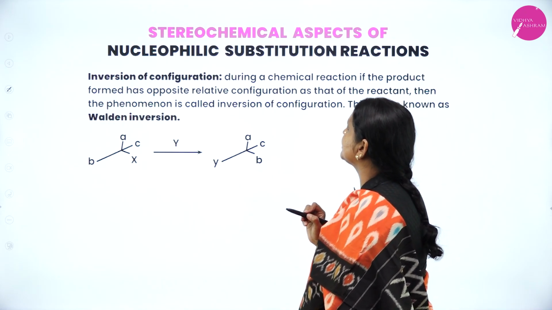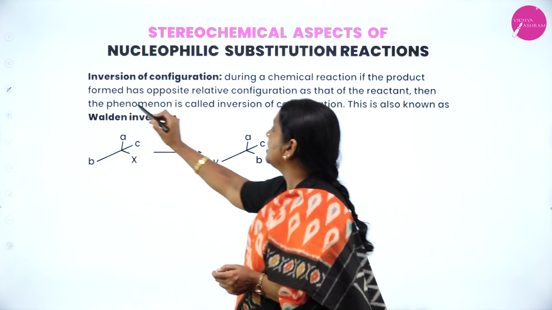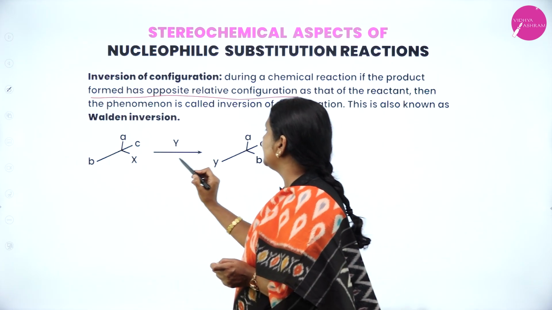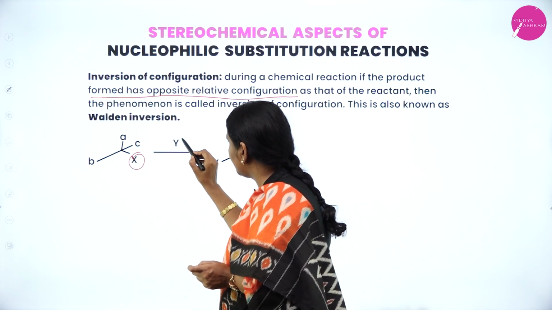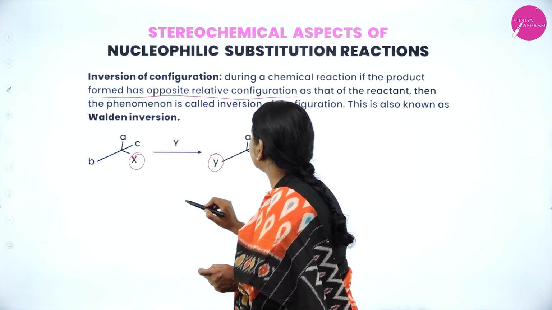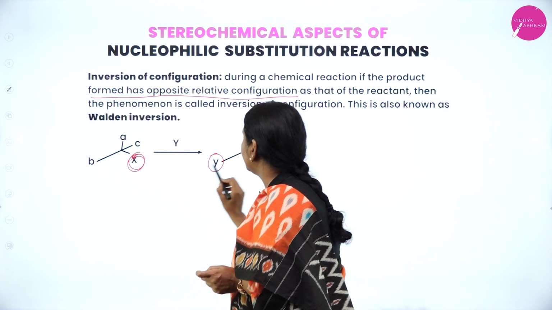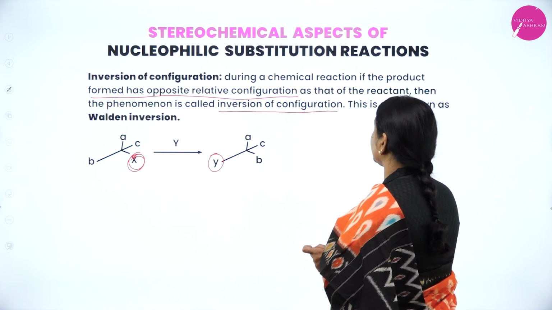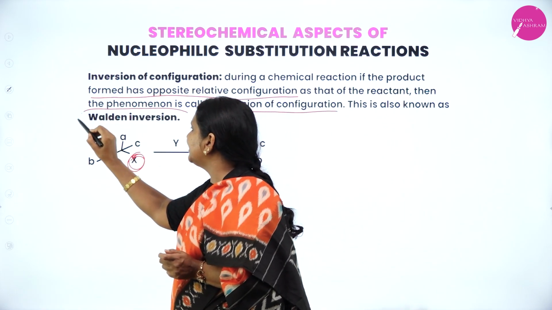When during a chemical reaction the product is formed with opposite relative configuration, for example, see here, X is replaced by Y, but Y goes to the side opposite to that of X. X was on the right side, but Y is on the other side. Therefore, it is called inversion of configuration. It is also called Walden inversion.